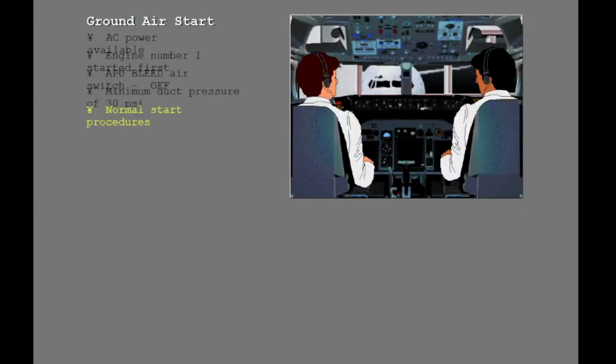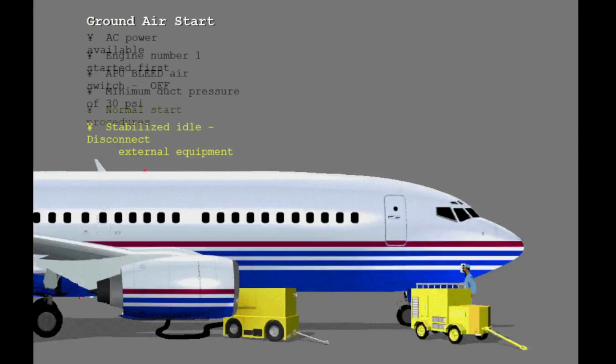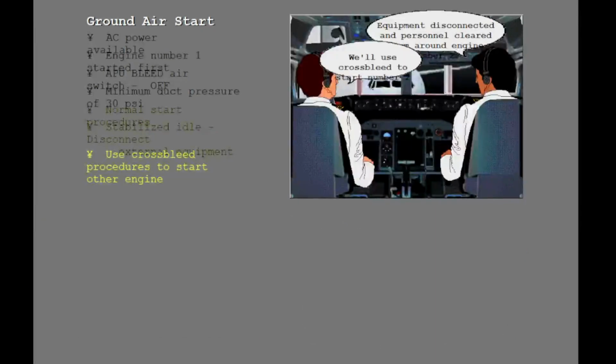Use normal start procedures to start engine number 1. After engine number 1 is stabilized at idle, disconnect the external power equipment. Cross-bleed air is used to start engine number 2.